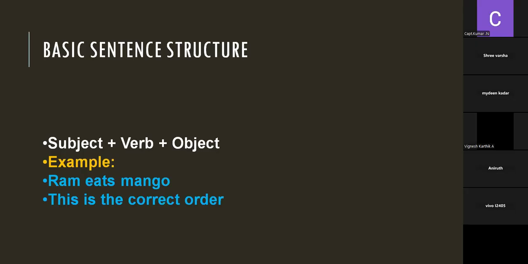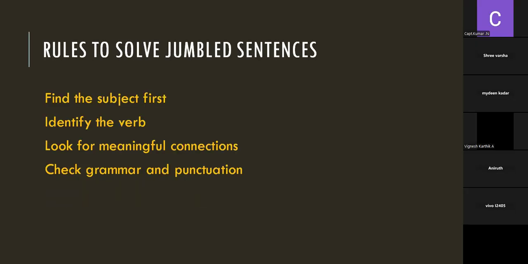We'll move to another section, that is rules to solve jumbled sentences. Before we start doing jumbled sentences, we must know the rules for them. Here I gave you four rules to solve jumbled sentences. First, find the subject. Second, identify the verb. Third, look for meaningful connections.